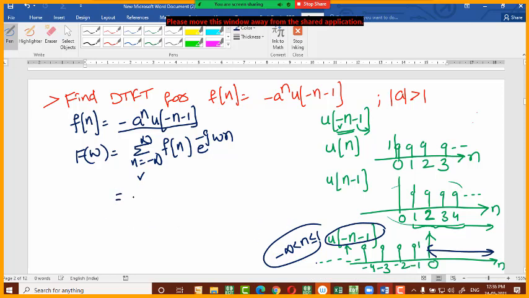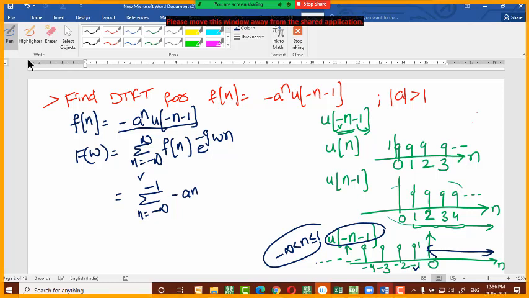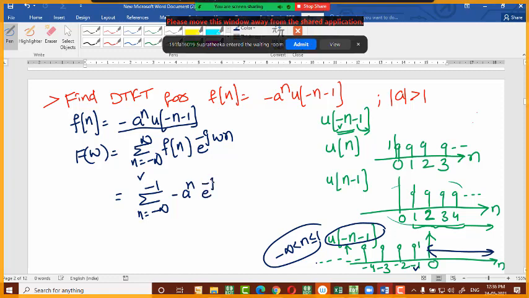So I will modify the sigma like this: sigma n from minus infinity to minus 1, including minus 1. Okay, at n is equal to minus 1 also a sample is there. So we have to do the summation from n is equal to minus infinity to minus 1. And what is f of n? The given thing is minus a power n, so minus a power n e power minus j omega n.